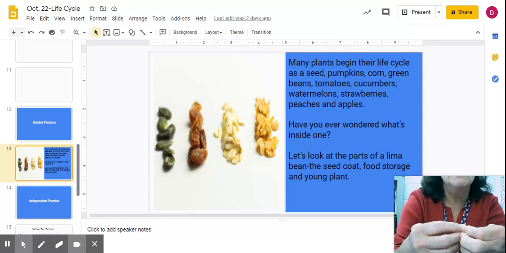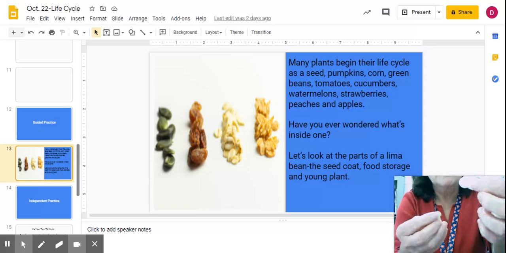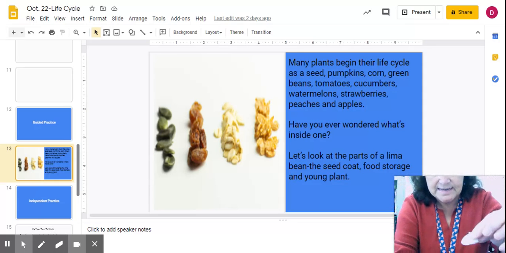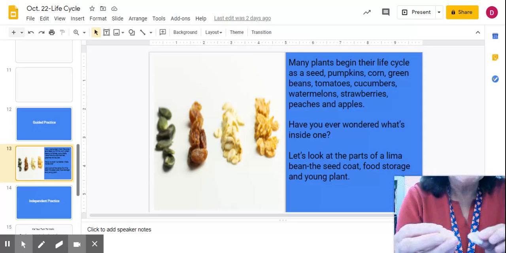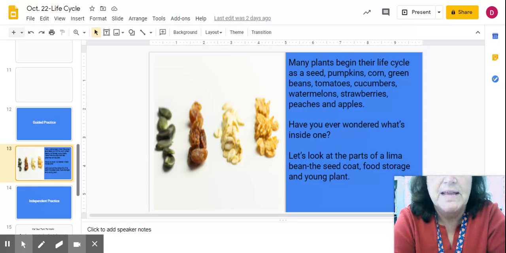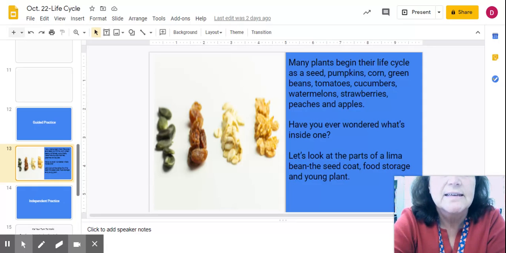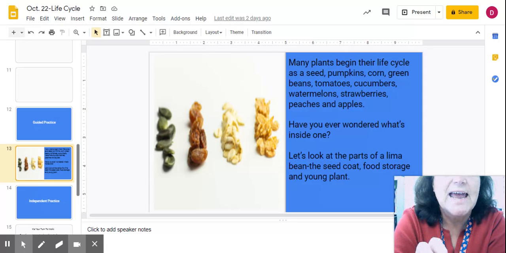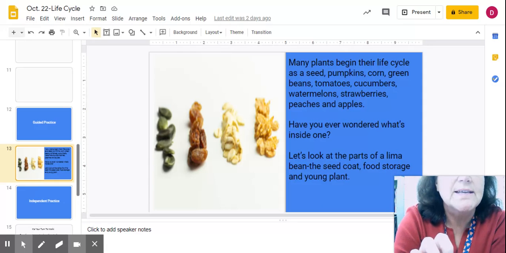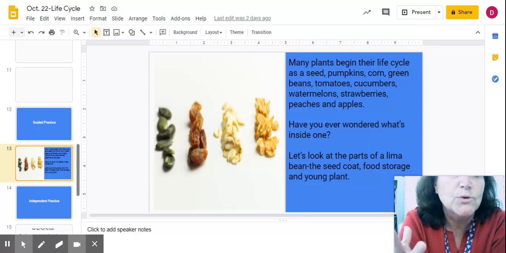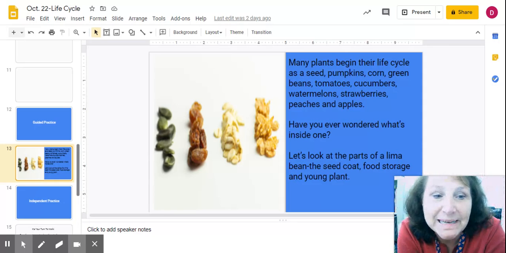This part is the seed coat. It's the outer part of the seed that protects the seed. This is the young plant, and that is what would sprout and grow into a lima bean plant.